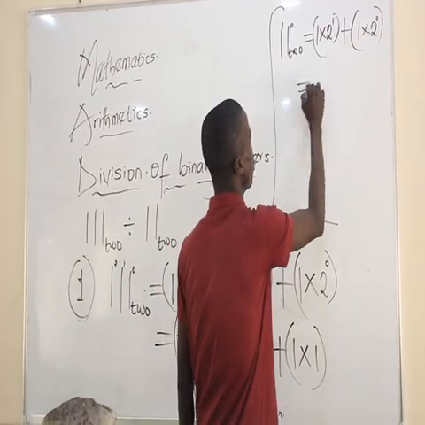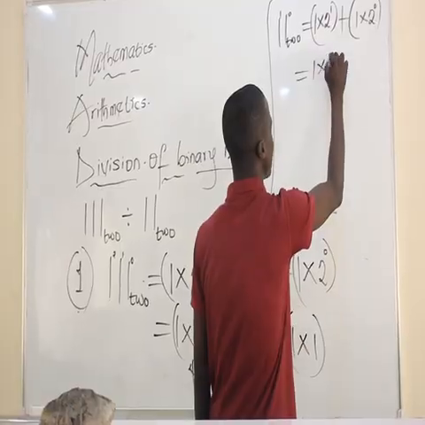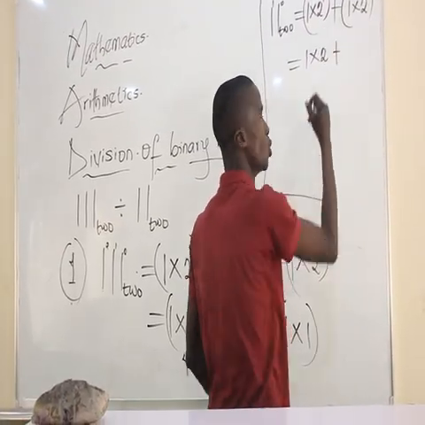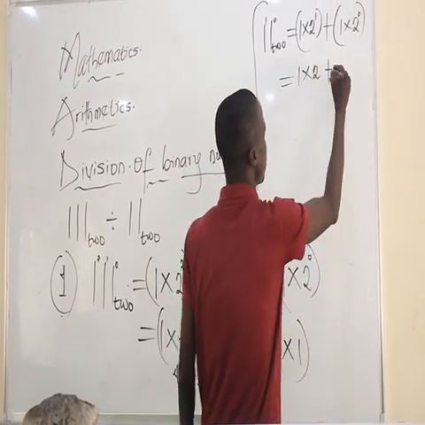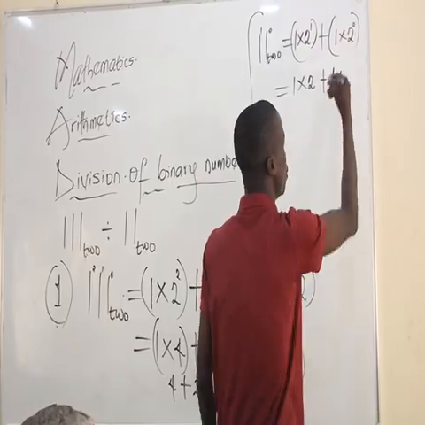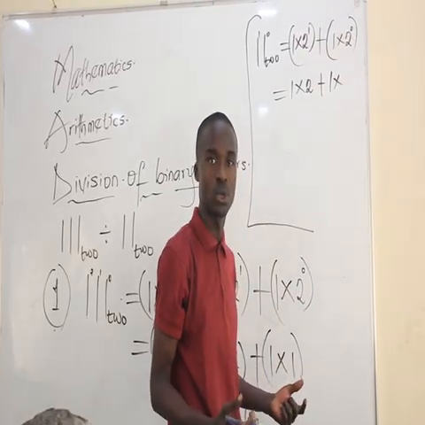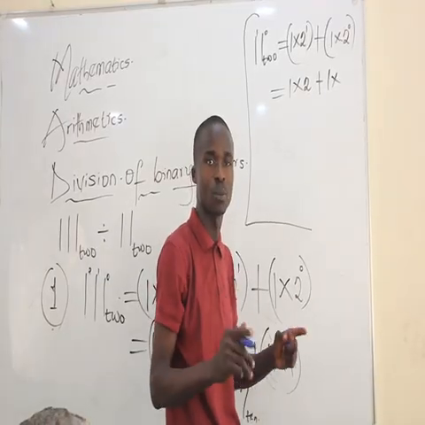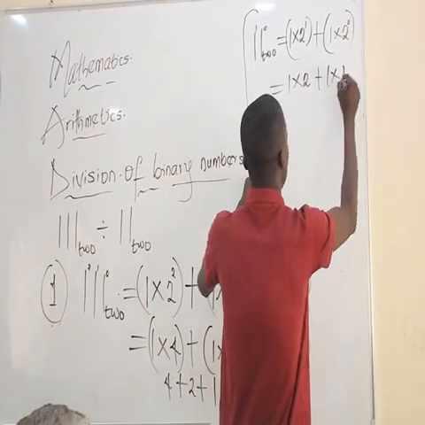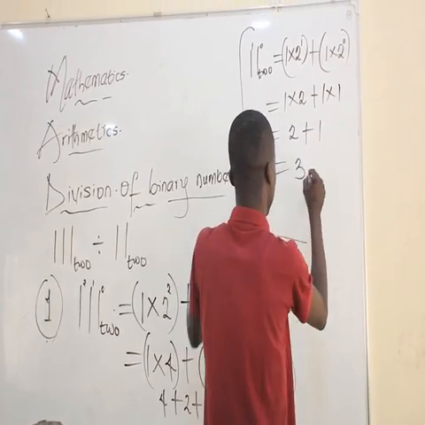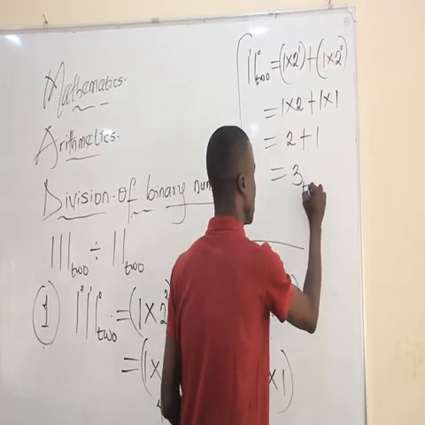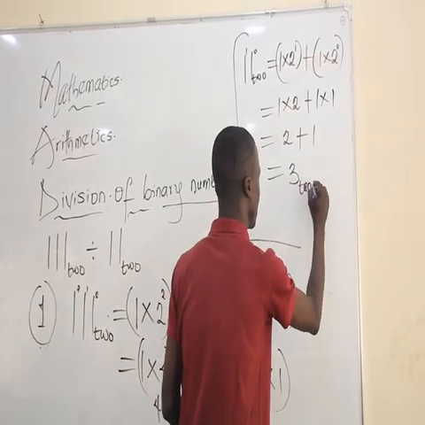So this will result to 1 times 2 plus 1 times 2 raised to the power 0, which would result to 1. Anything raised to the power 0 results to 1. So 2 plus 1 will give us 3. Now 3 base 10.